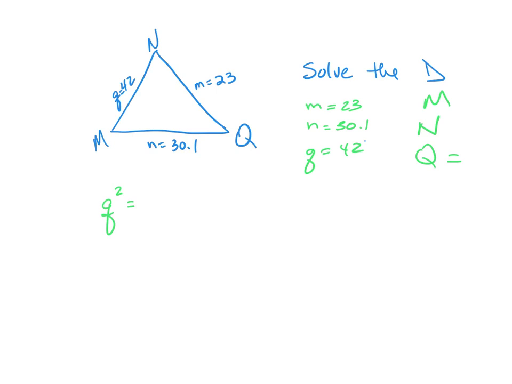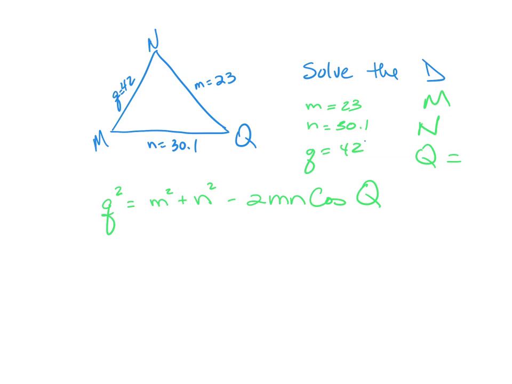So then it would be q squared equals m squared plus n squared minus 2mn cosine of big Q. Please tell me if you don't understand how to translate this to other letters, because that's what I would do first if it gives you letters other than A, B, C: translate the formula.